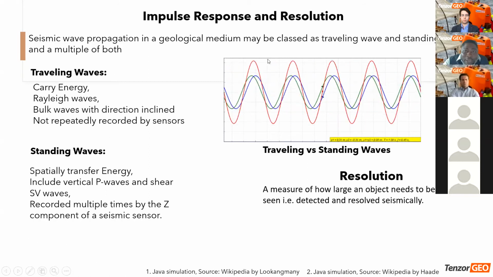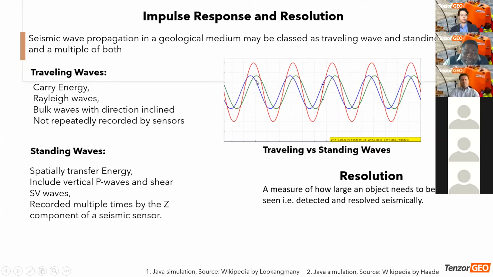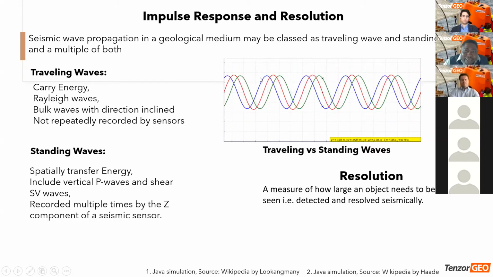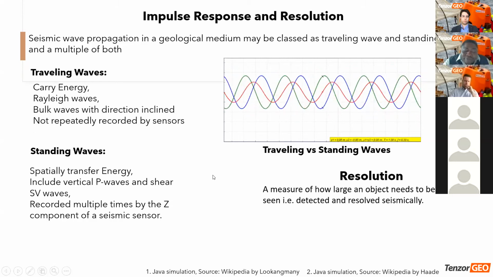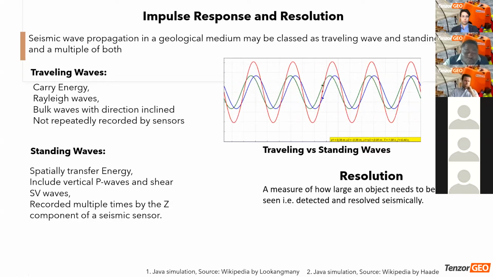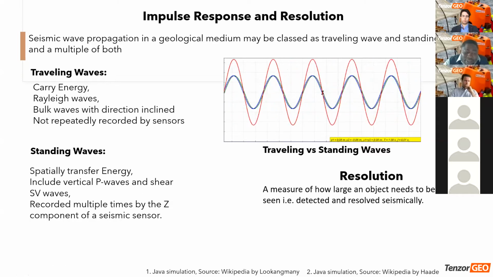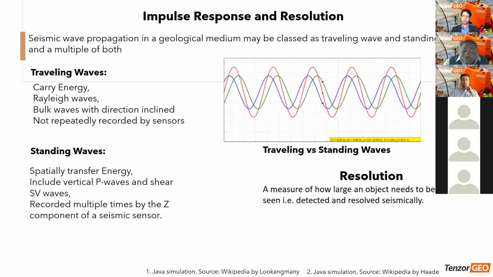While the red one that goes up and down, becoming a crest and a trough, is a standing wave. Now, the standing waves can be attributed to the vibrations of vertical P waves, which is the target wave of low frequency seismic, and can be recorded by the Z component of a seismic sensor.